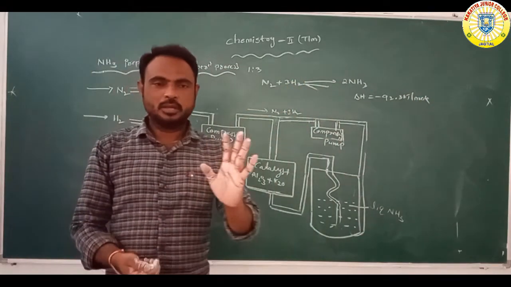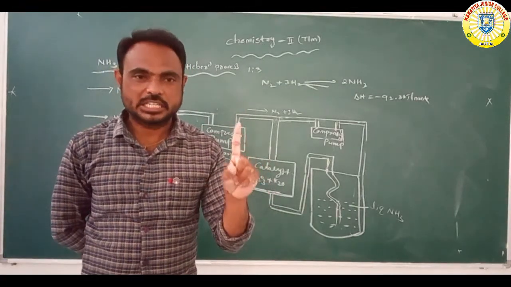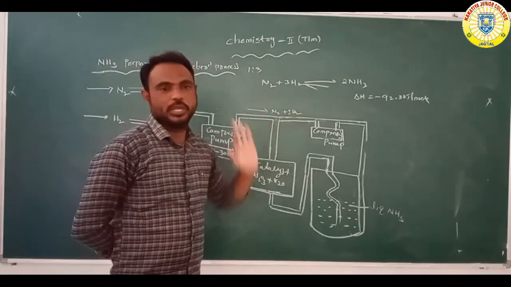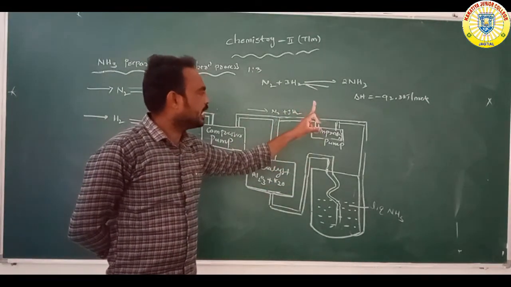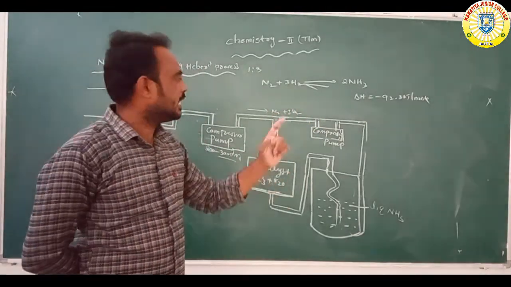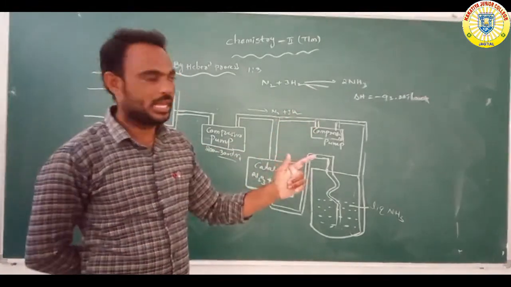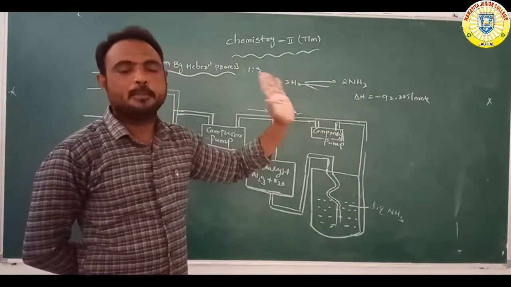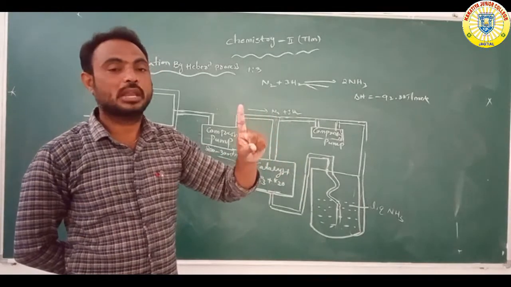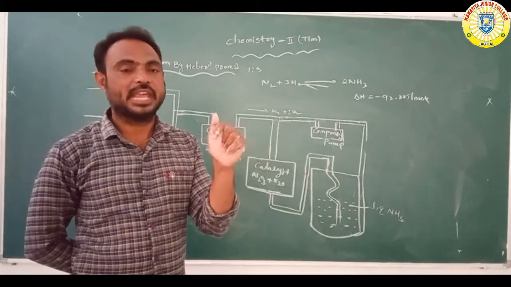When nitrogen reacts with hydrogen in a 1:3 ratio to form ammonia, some quantity of energy is released, 92.3 kilojoule per mole. The minus sign means it is an exothermic reaction. A plus sign means an endothermic reaction.